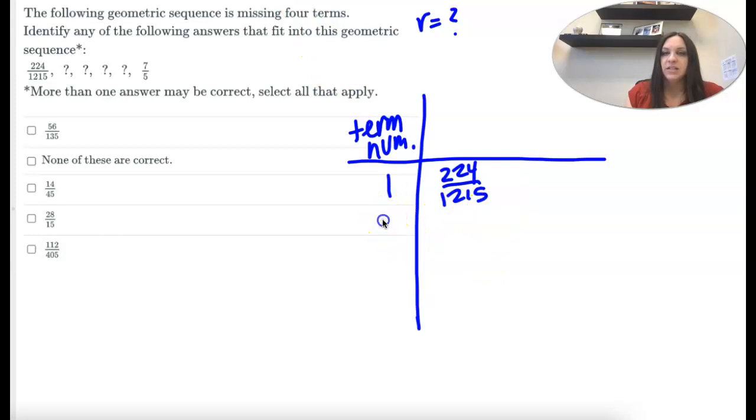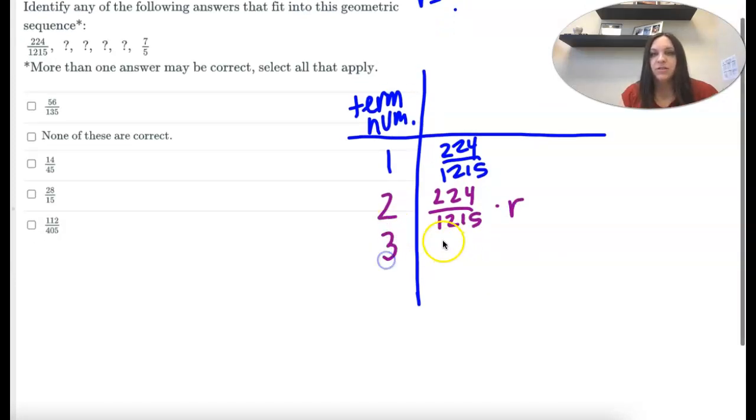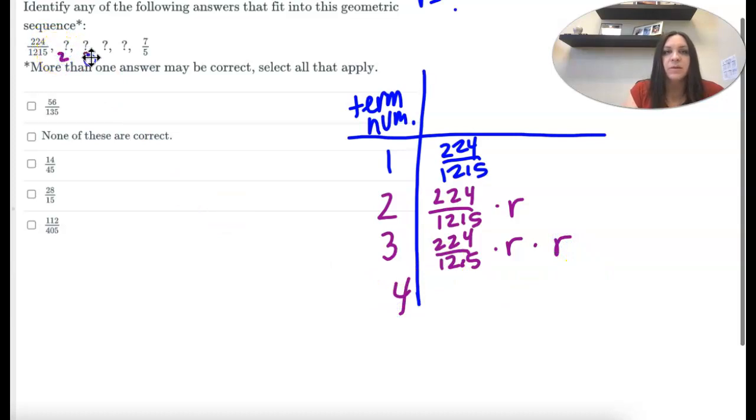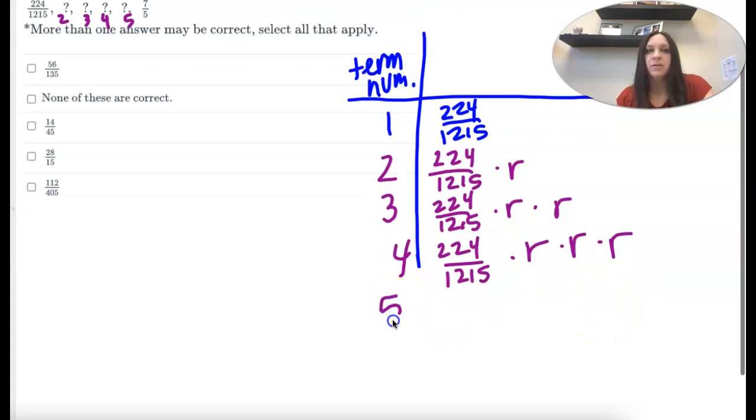And then to get to the second term, I'm going to take that and times by r. To get my third term, I'm going to take that times by r again. Fourth term, take that number and times by r again. Do you see the pattern?